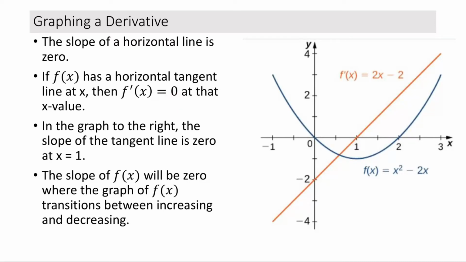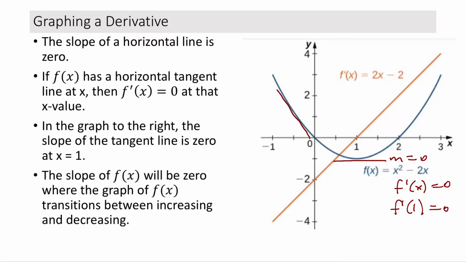If I look over here and figure out the slopes of my tangent lines as I go along this graph, when I get to the very bottom here at the vertex, the slope of that line we know is 0, which means f prime of x at that x value is 0. In this case, it looks like it's f prime of 1.